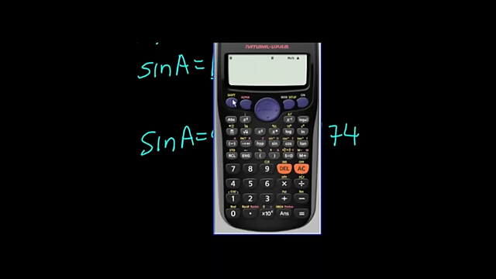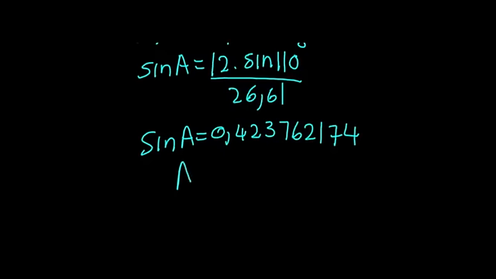Shift sine, okay, AB, what was that number? 0.423762174. And there's our answer. Our answer is 25.1 degrees. Right, so A is 25.1 degrees.